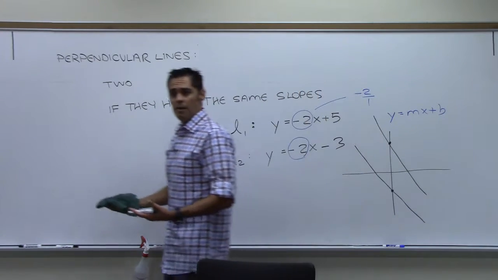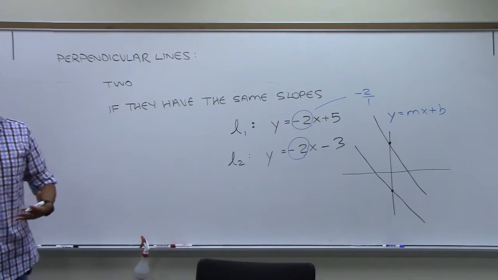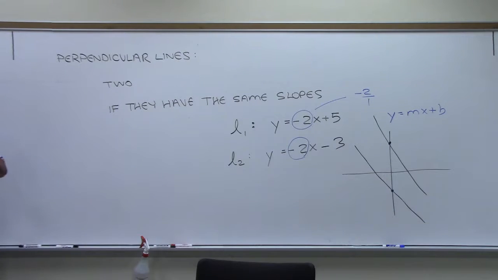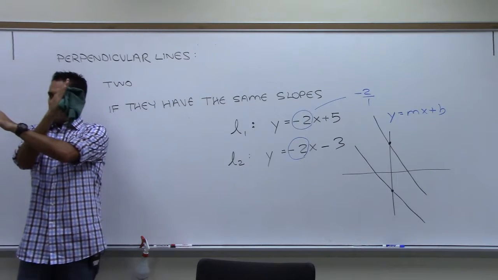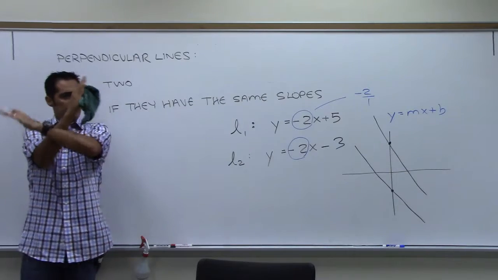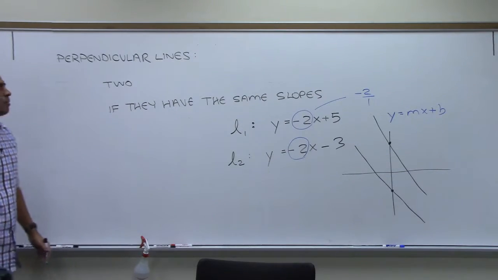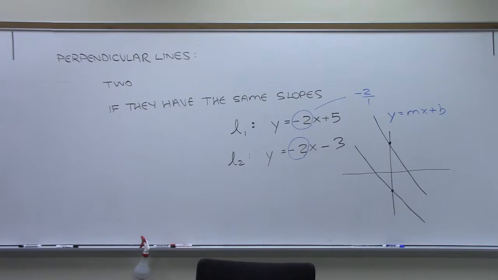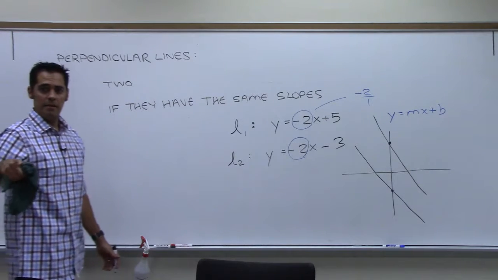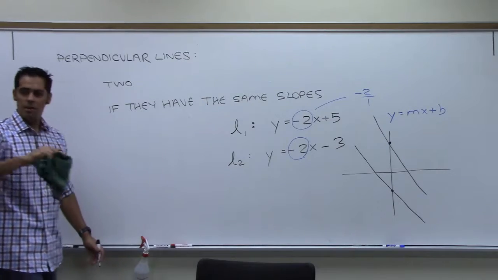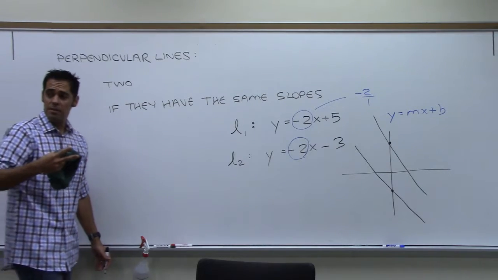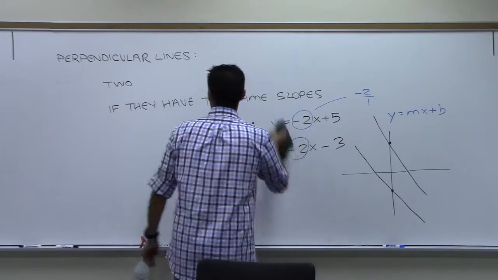Same slope, parallel. With perpendicular, we're thinking of two lines that hit at a perfect 90-degree angle, but it can be tilted. How are their slopes related to each other? Reciprocal and negative. They're opposite in sign, and they're reciprocals of one another.